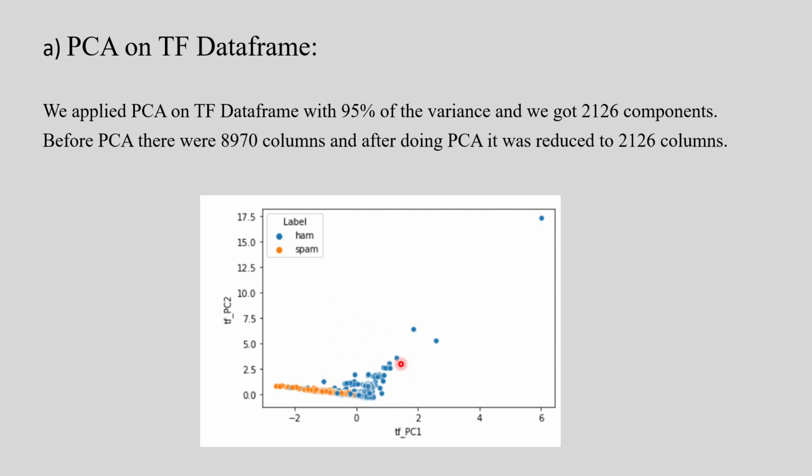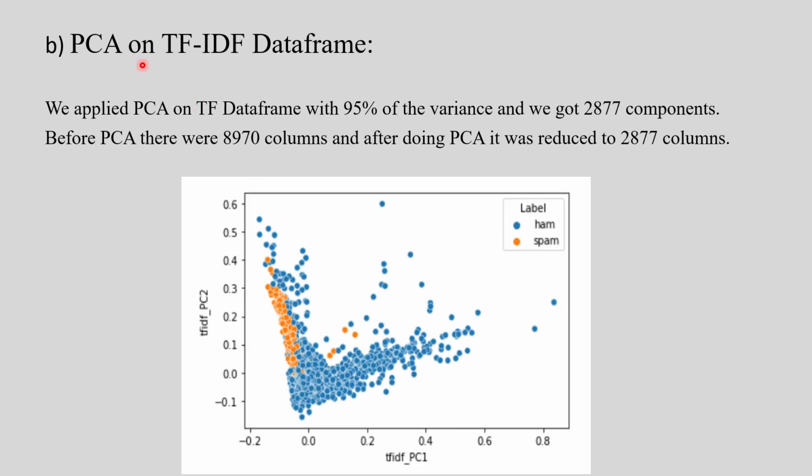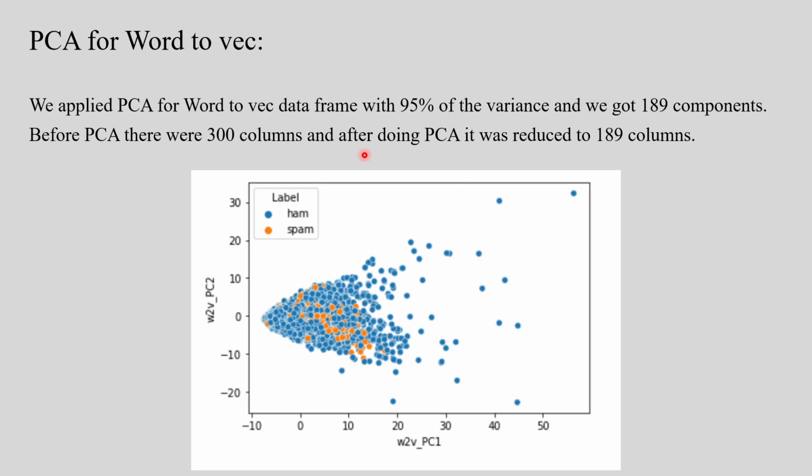After that, we did PCA on the TF-IDF data frame with 95% of variance, and we got 2877 components. Before PCA it was 8970 columns, and we reduced to 2877 columns after doing PCA.